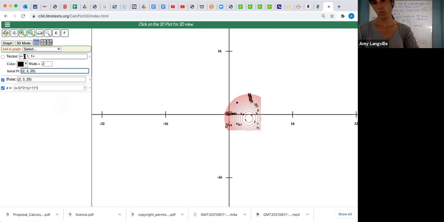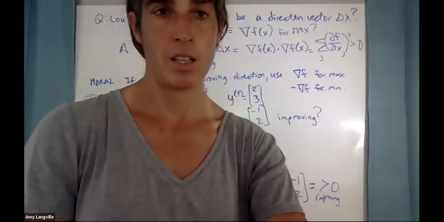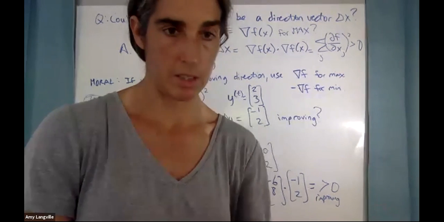Oh, actually, we just want to do this on the contour map, so we only need 2 coordinates. So I probably need to change this. Okay, let's forget about that. But here is our direction of improvement right there. -6 along the x, +8 along the y, point to that direction, and it is improvement, as you can see from the contours. Okay, all as expected.